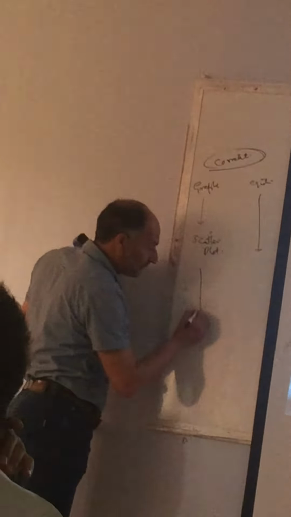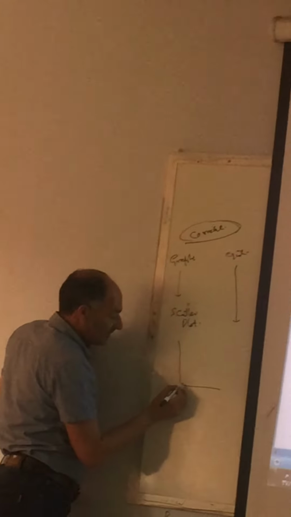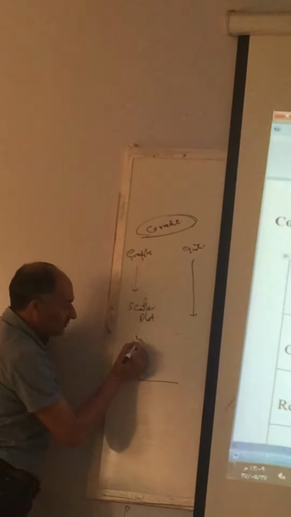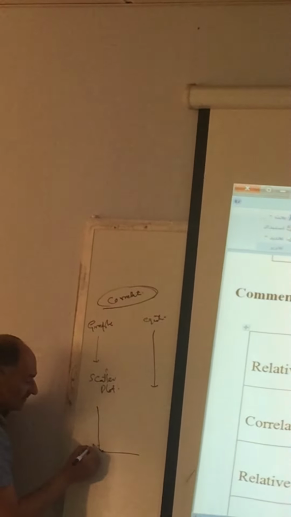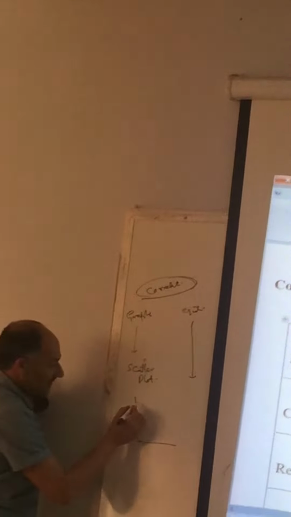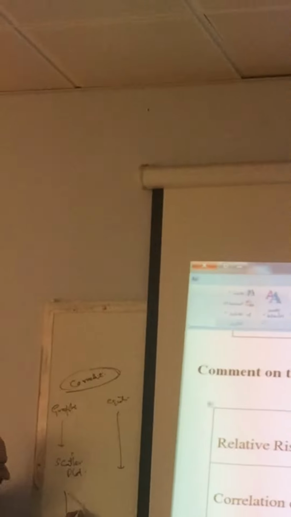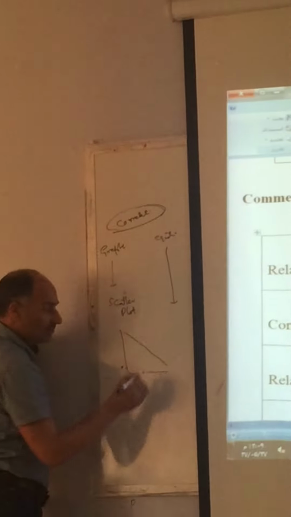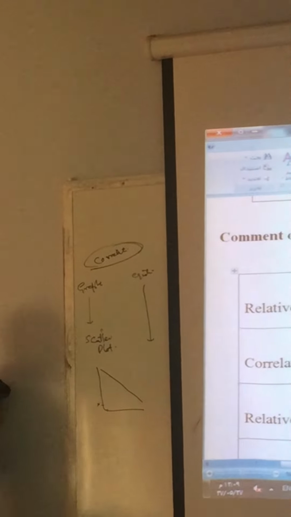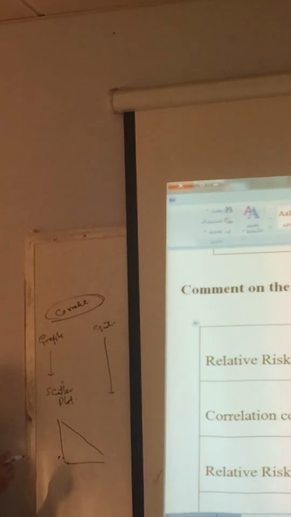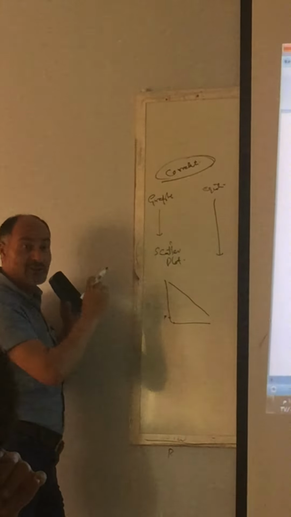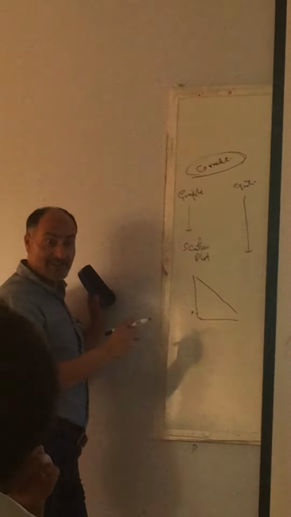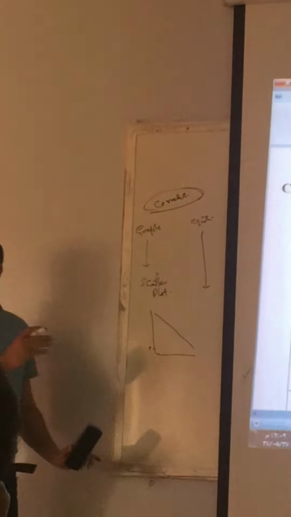Now sometimes, this is one variable, this is another variable. You see, this is x, this is y. Sometimes when you increase one by 10%, the other decreases by 10%. That means if you increase one, the other will decrease.